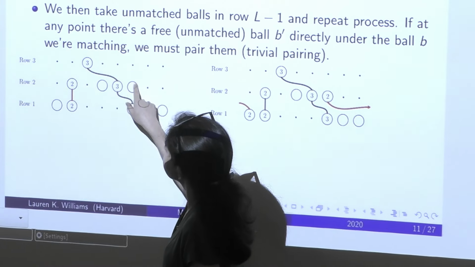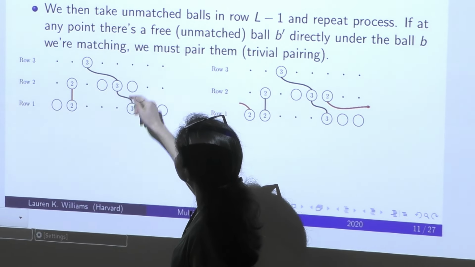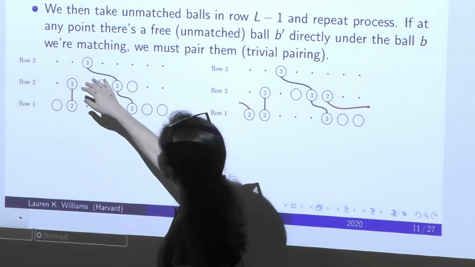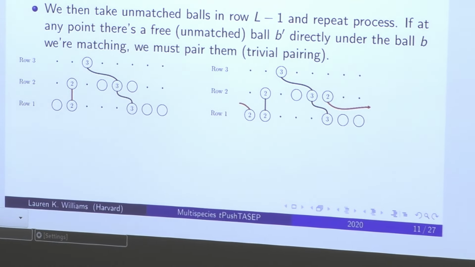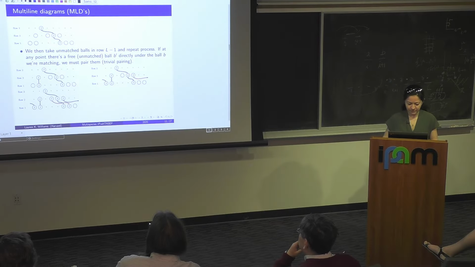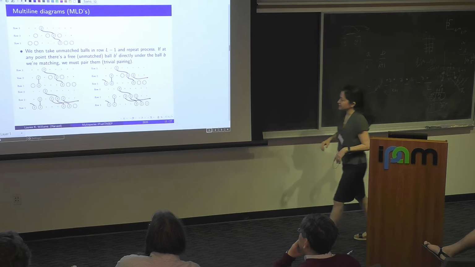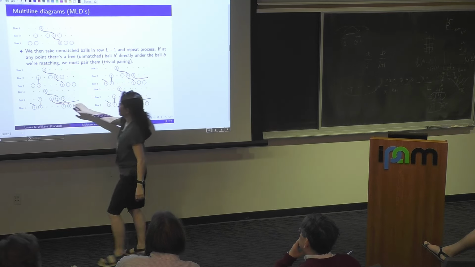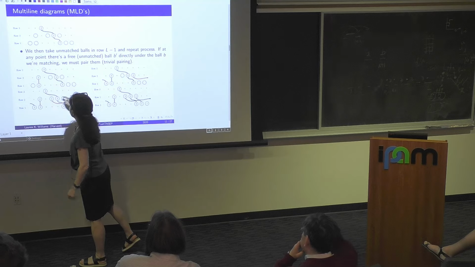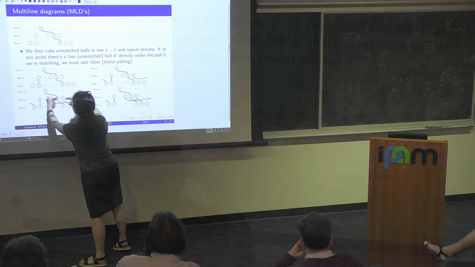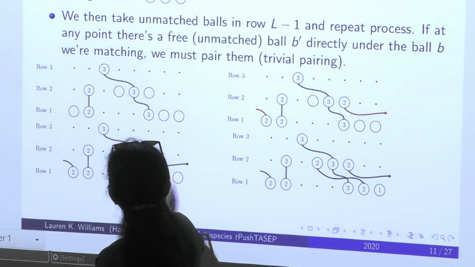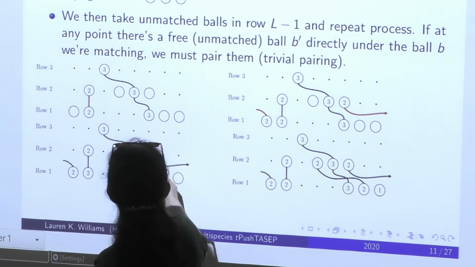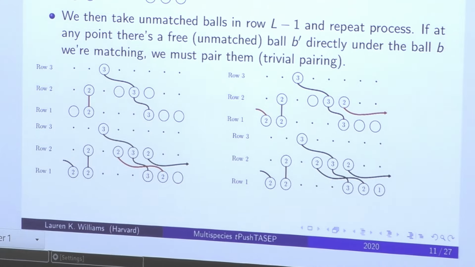And now I'm going to go to these unmatched balls in row 2, and from right to left, I'm going to start looking for partners for them. Okay, and then in the very last step, I have paired the unmatched balls that were on this second row, and now I have an unlabeled ball in the bottom row, and that gets a 1.